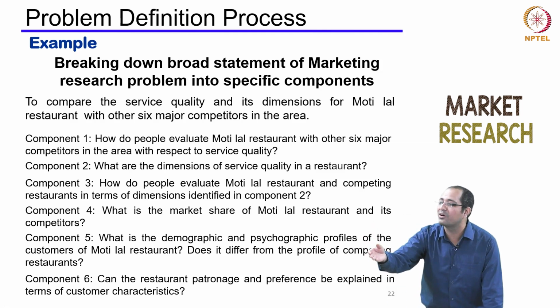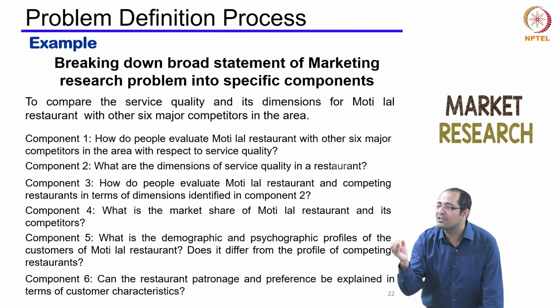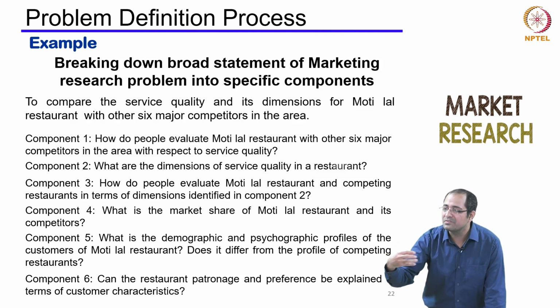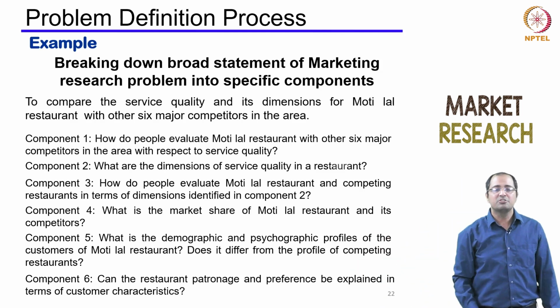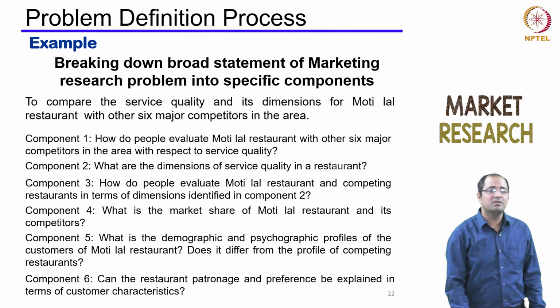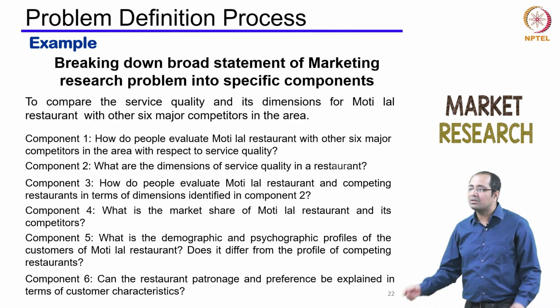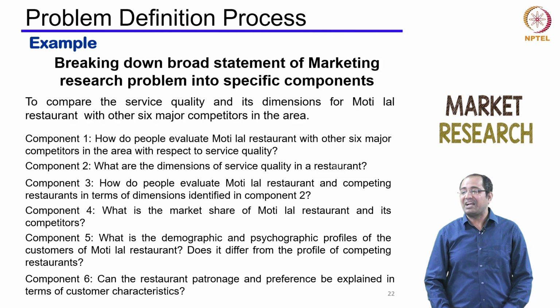So you have to get to know your customers' demographics, psychographics, and how your product would appeal to them, or if there are multiple segments, to different segments, and so on. So that compulsory component you will have to write. This is how you have to break down the marketing research problem into components. In the next class, we will start doing that.